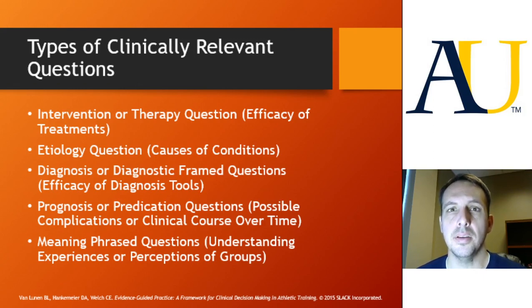So sometimes we're looking for either prevention strategies that we can implement, or we're looking for people that are at higher risk associated for an individual condition. And so etiology questions then allow us to look for those underlying causal factors that might be present within our patients that we could possibly address and either prevent the condition or try to lessen its likelihood of occurring.